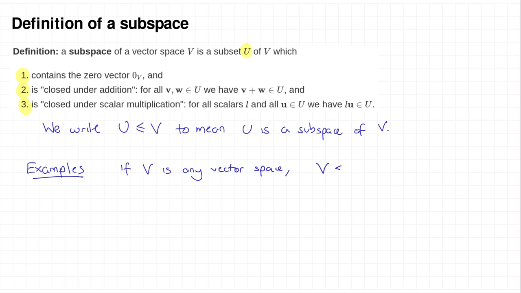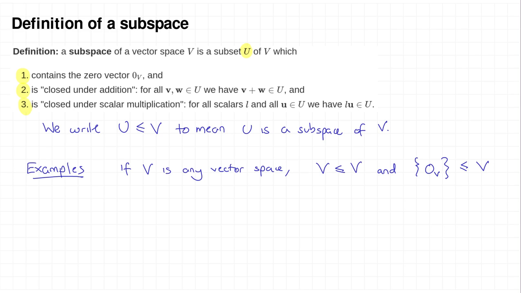So V is a subspace of V, and the zero vector space contained in V, so that's just the set containing the zero vector, that is also a subspace of V. So there are two fairly uninteresting subspaces.